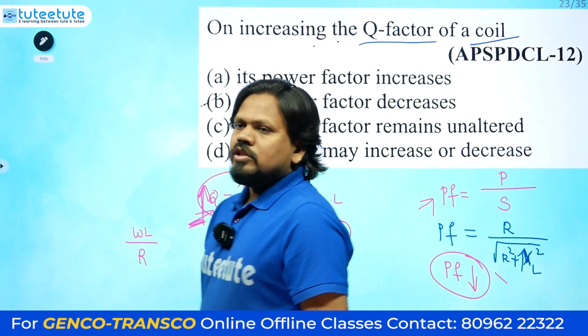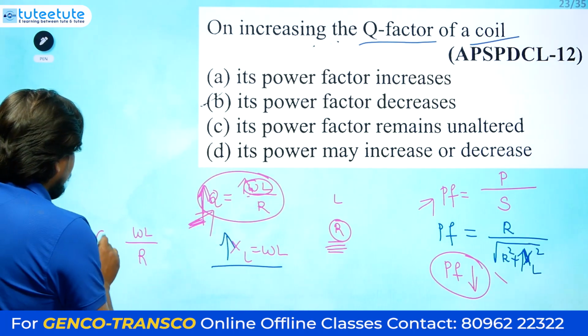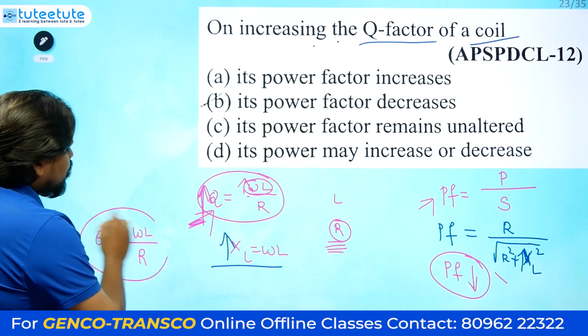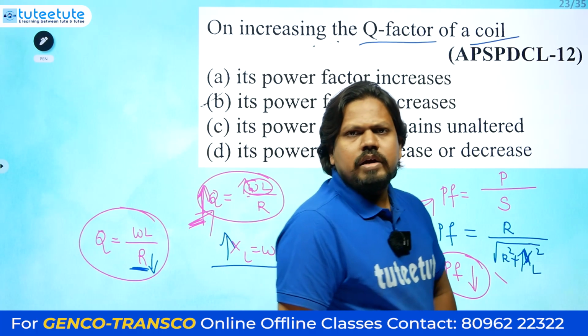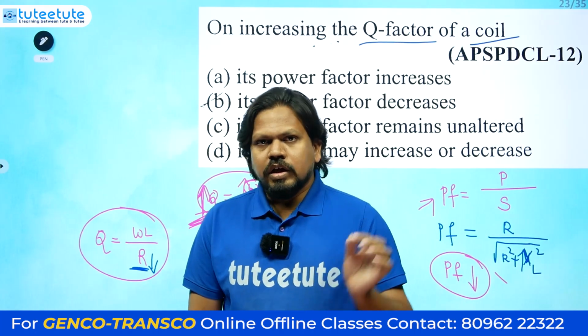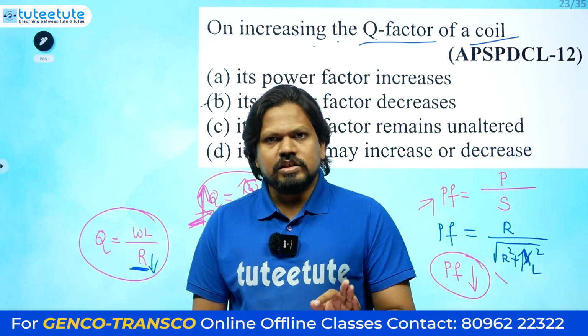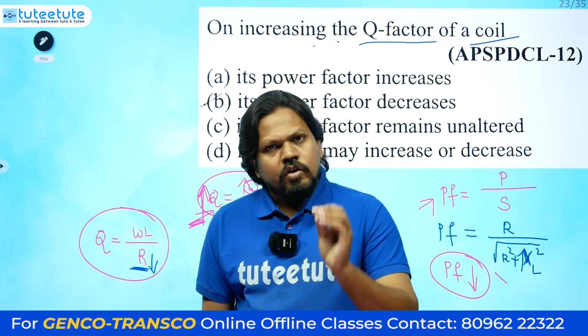Where is the other part? Only resistance. So you tell me, if it is a good coil, then it will have a high Q factor. High Q factor means it will have less resistance. Understanding? If it is a good coil, it will store more energy. It will not waste any energy, that means the heat dissipation in that coil will be very less.